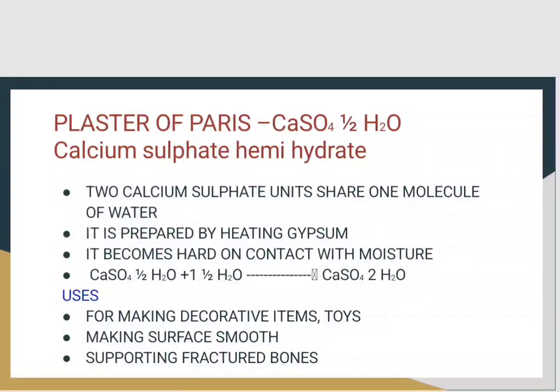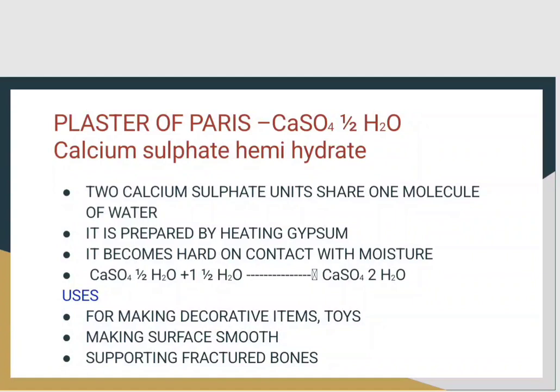Next, plaster of Paris, CaSO4 into half H2O, calcium sulfate hemihydrate. Half H2O, we call it hemihydrate. Two calcium sulfate units share one molecule of water. It is prepared by heating gypsum. It becomes hard on contact with moisture.